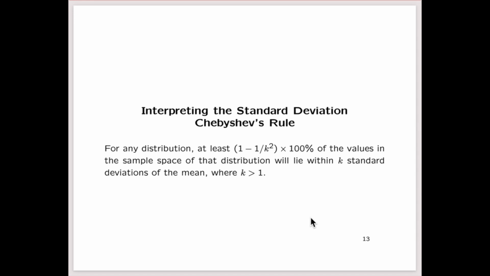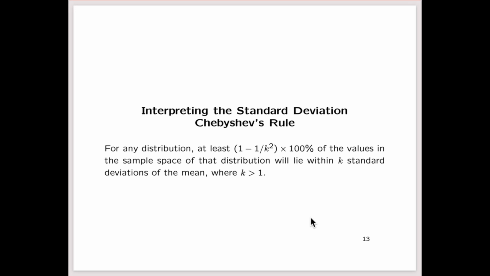So, what if we're dealing with a distribution like that, so that the assumption contained in the empirical rule is not satisfied? Well, there is another result that applies even in that situation, and this is called Chebyshev's rule.